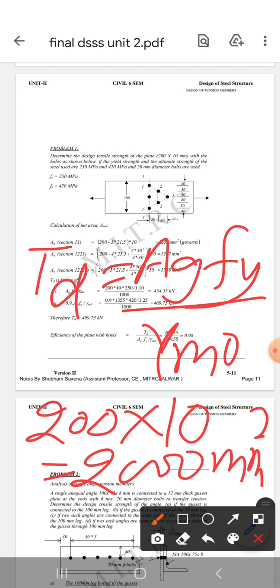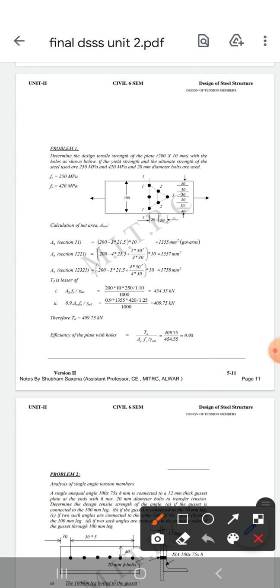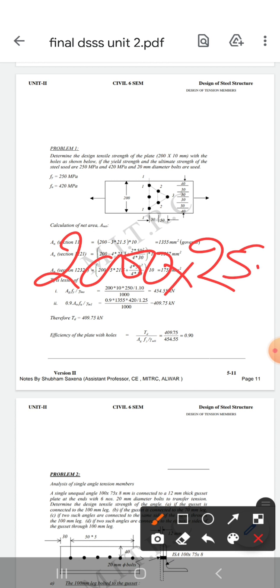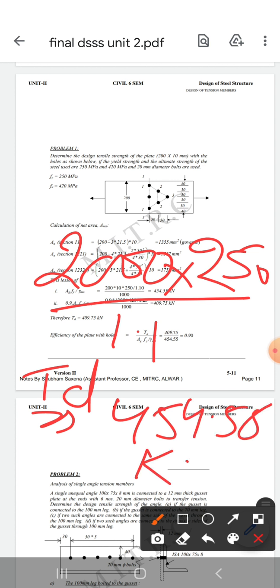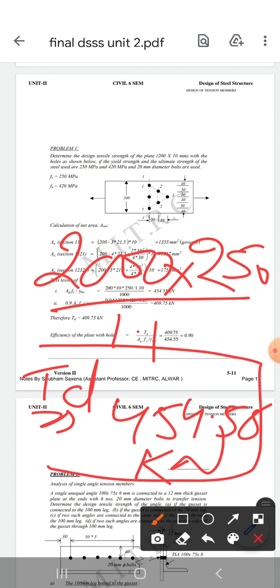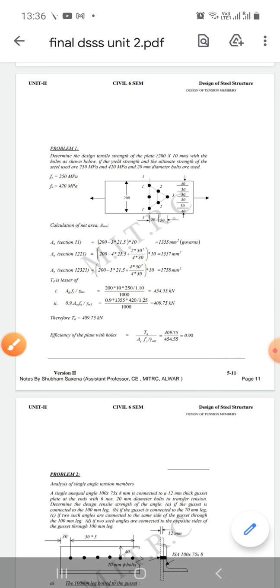Here we have to use only gross area. So gross area 2000 mm square into Fy 250 divided by 1.1. Now the design strength T d comes out to be 454.55 kilonewton. Okay, this is according to the yielding of plate.